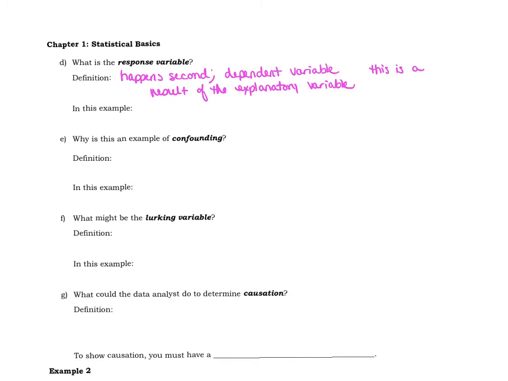So again, in this example, the salary is the response variable. We're saying that the height is the explanation for the salary, and the salary is the response. So obviously, I think we know that that's not legit, that's not true.